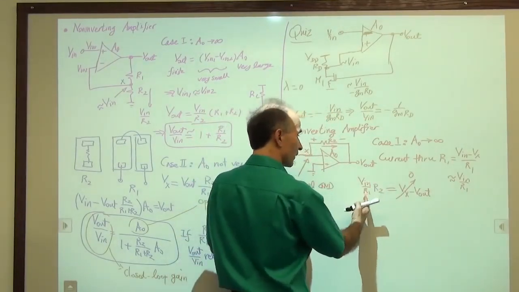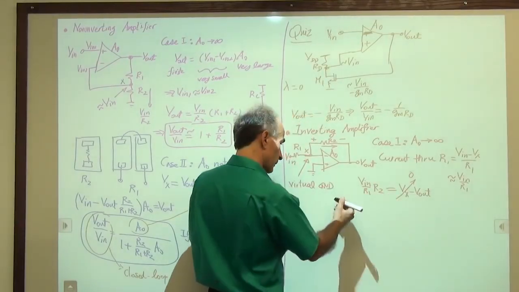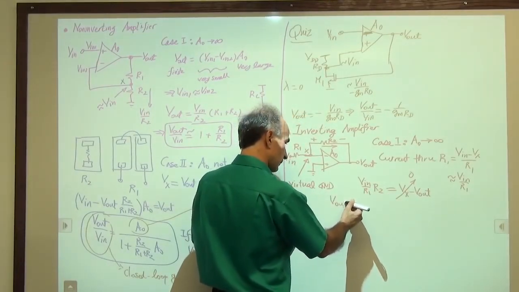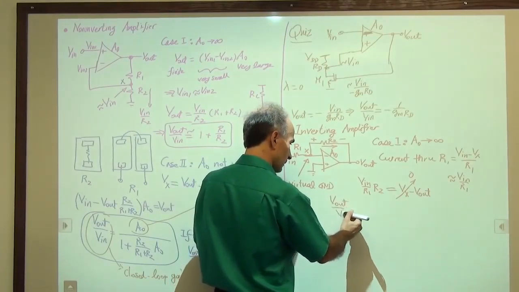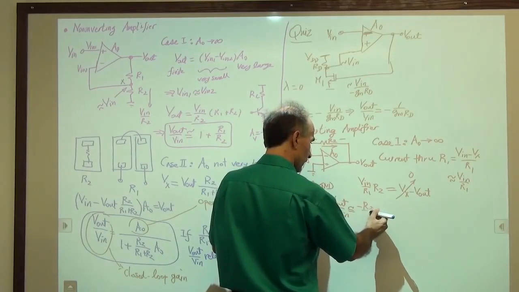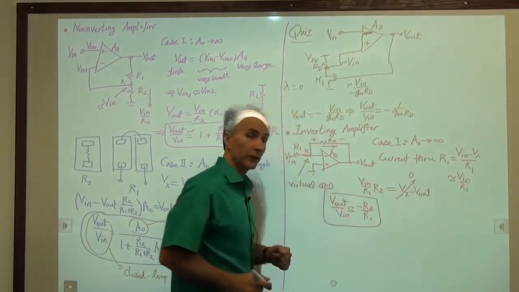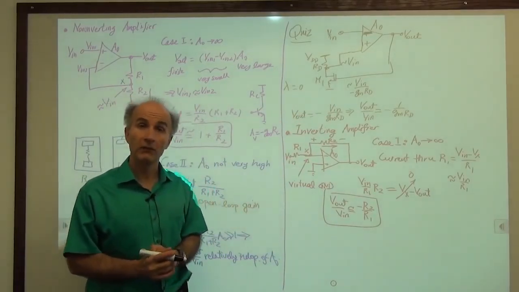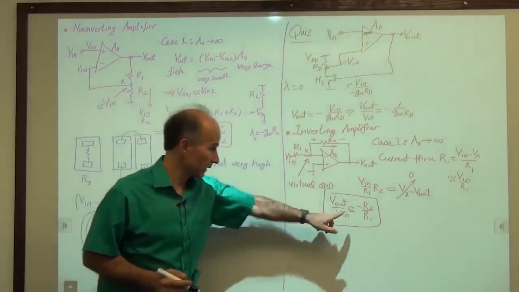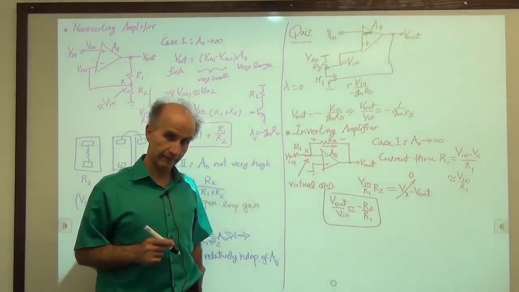So we see V in over R1 times R2 is approximately equal to minus V out. So that says that V out over V in is approximately minus R2 over R1. And that is the approximate voltage gain of the inverting amplifier. You can see that there's a negative sign, so it's called an inverting amplifier.